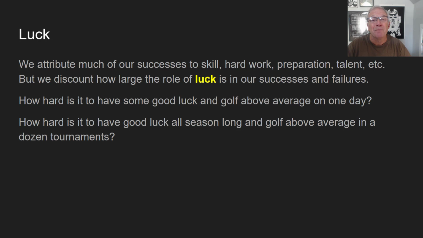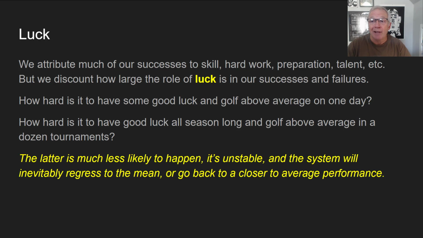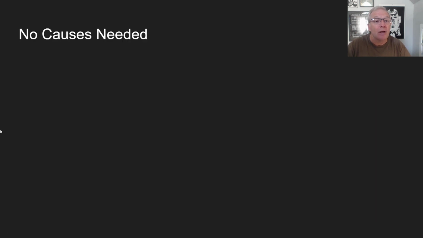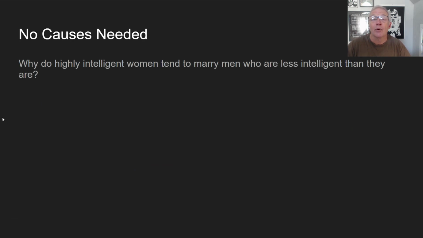It's much less likely just because of the variations in the phenomena. It's unstable, and the system will inevitably regress to the mean, or go back to closer to average performance. So very often, there's just nothing here that needs to be explained, even though we think there's some cause that must account for it. So here's some more examples.